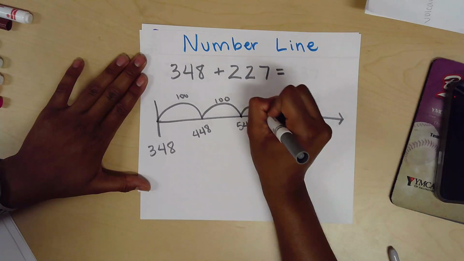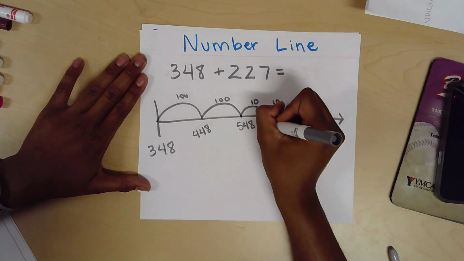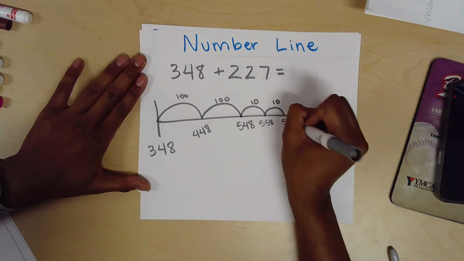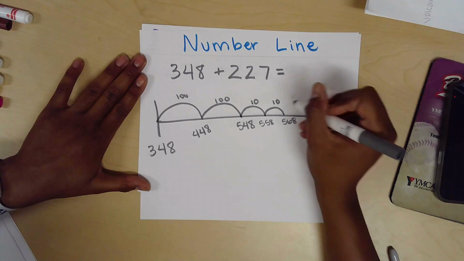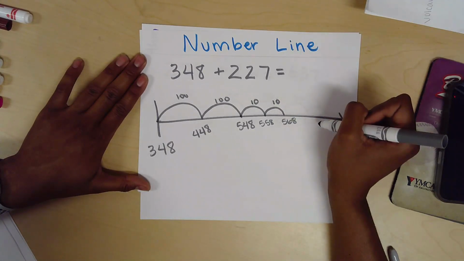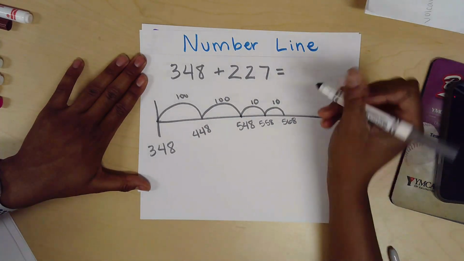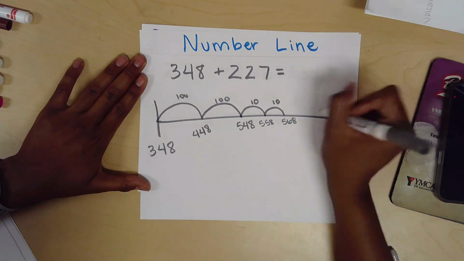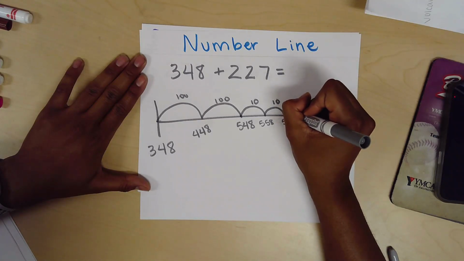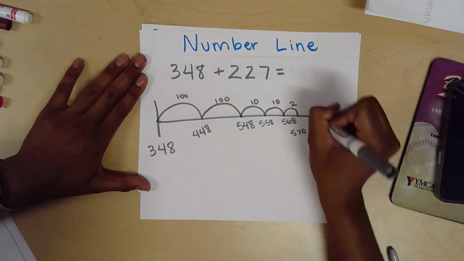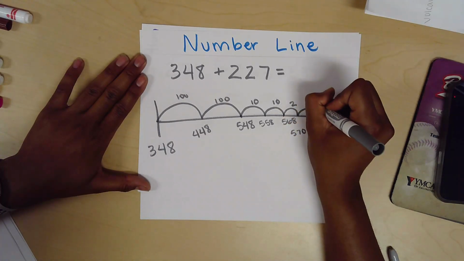If you want to make it two jumps of 10, then we're at 558 and 568. Now, for me, instead of trying to add 7 onto that, I'm going to jump it up 2 to go to 570, and then jump it up that remaining 5.